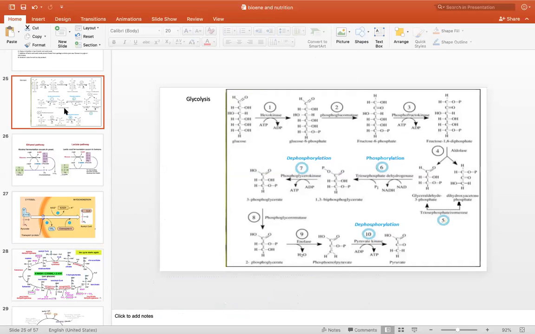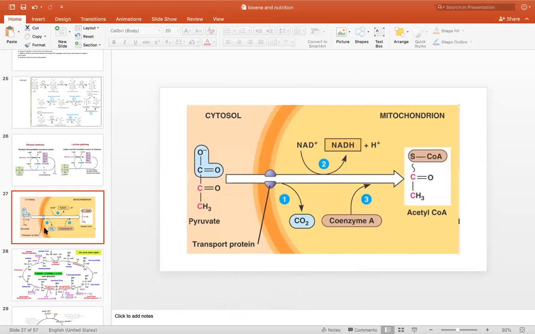So now once pyruvate is made, it needs to be taken from the cytosol to the mitochondria for further processing. You have your transport proteins over here which take this pyruvate molecule to the mitochondria. And during the process, it also needs to be converted to another compound which will then be further used in your Krebs cycle.